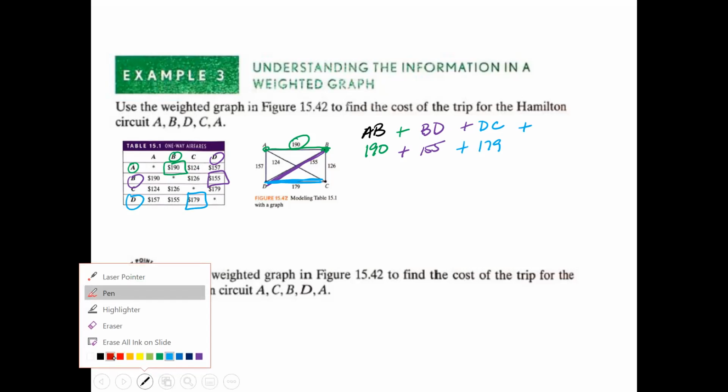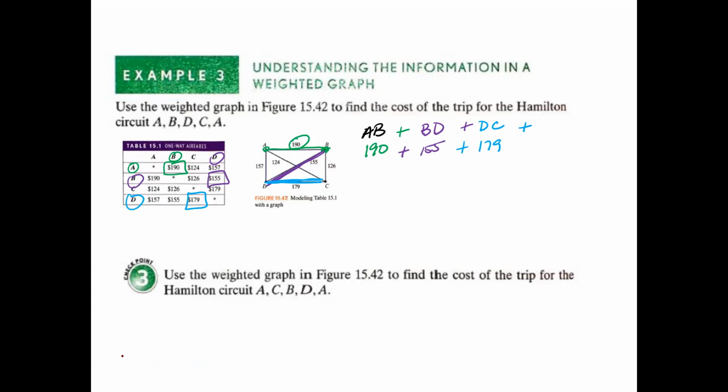Plus the last trip from C to A. C to A. So that's $124. Add everything together. What is your grand total? Here it is.